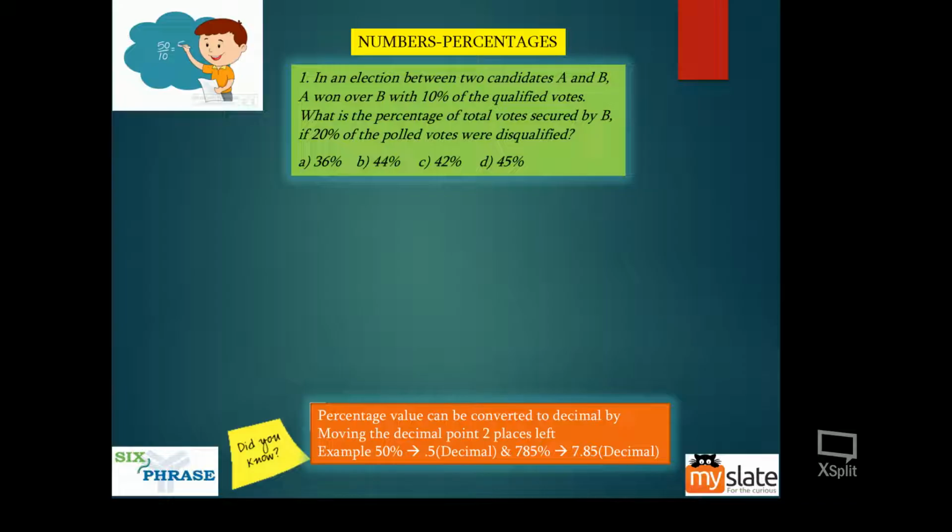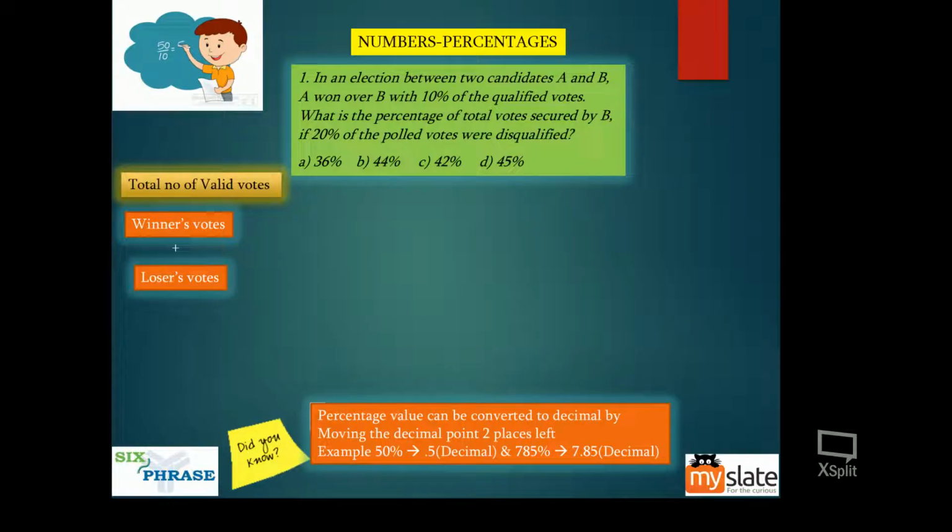So the scenario that I just explained is the scenario they are referring to whenever they talk about an election problem. In an election problem, the total number of valid votes will always be equal to the winner's votes plus the loser's votes, because between me and you, one guy has to win and one guy has to lose.